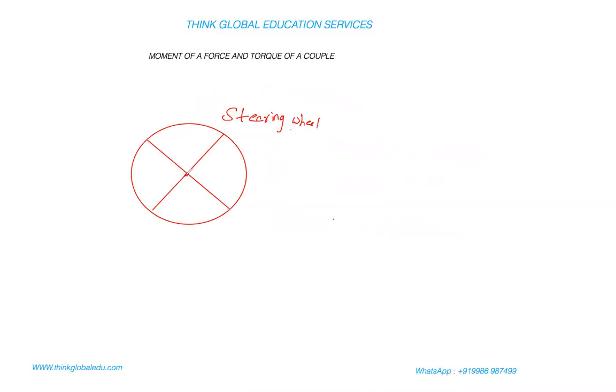Let us take a steering wheel of a car, which would be circular, and we'll have something to hold our hands in the middle. Let's consider this is the steering wheel of a car. And this is the center of mass of the steering wheel.